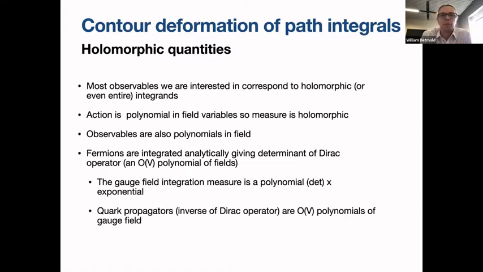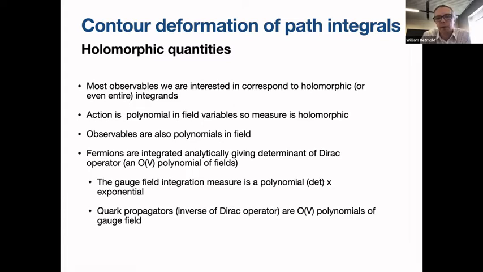Evaluated at various points. And even when we think about fermions, we integrate those out analytically and they give us a determinant of the Dirac operator. But the determinant of the Dirac operator is really just a very large, very high order polynomial of the fields. It involves the fields at every point, but it's polynomial.